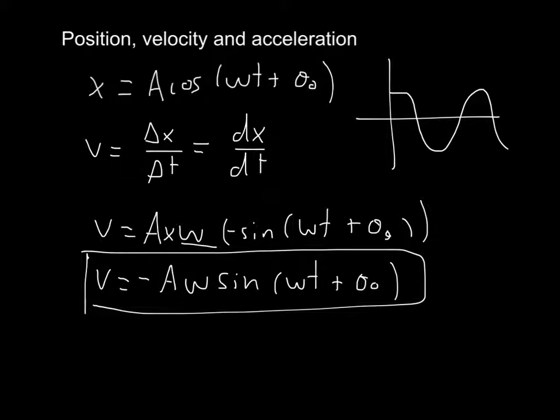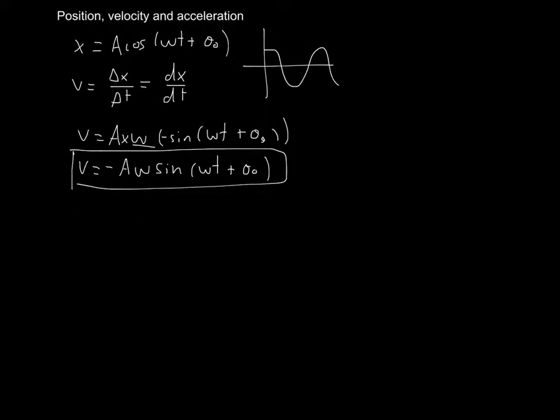And now we would like to find the acceleration. And for the acceleration, remember, it's just the increase in speed per unit time. So let's see where that leads us. We have that the acceleration is the increase in speed divided by the increase in time. And again, that's just the average acceleration.